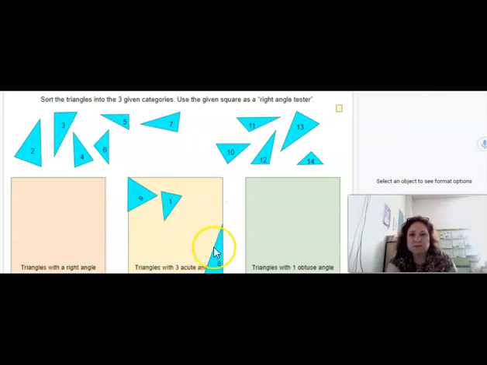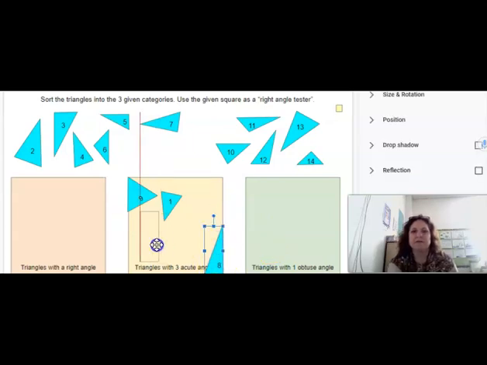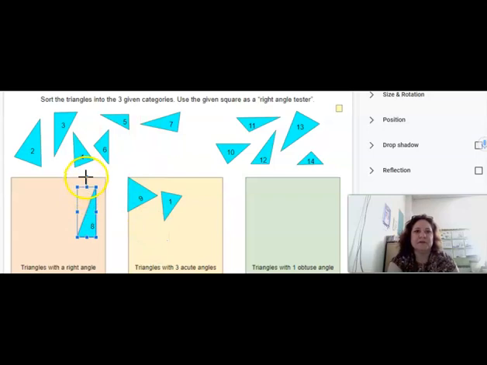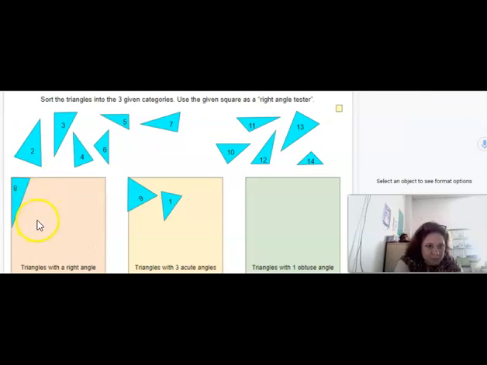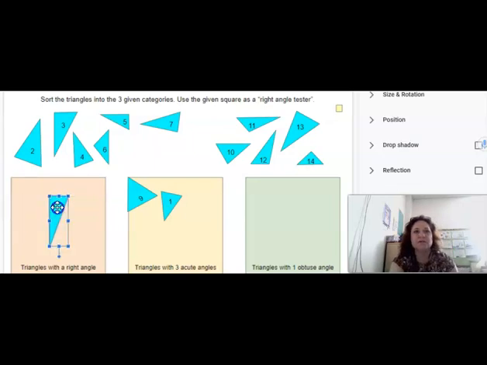Oh, let me see here. Maybe it is a right angle. I'm going to flip it over and double check again because I'm not sure. Do you notice that when I flip it, it says 180 degrees? Ooh, it's pretty dang close, if not. Okay, so I'm going to go with number 8 as a right triangle as well.